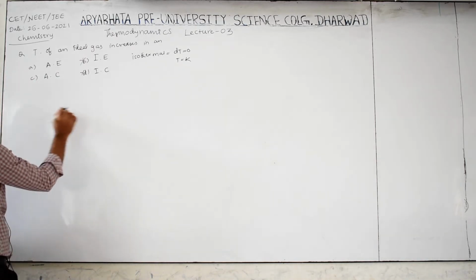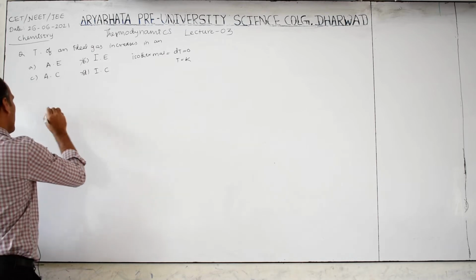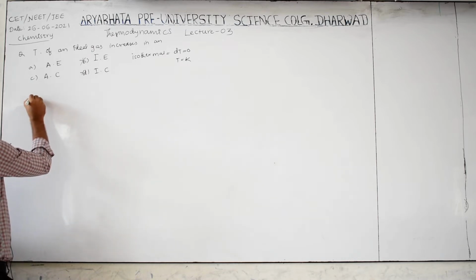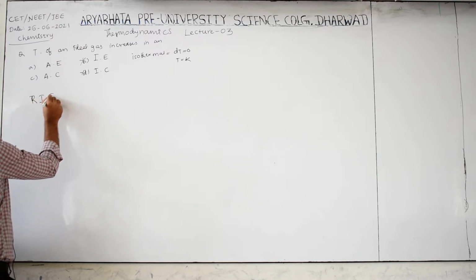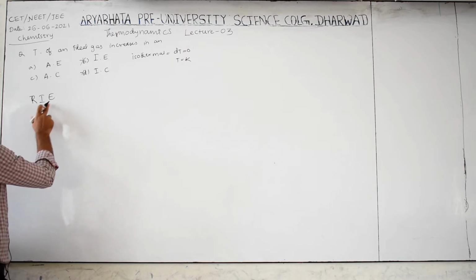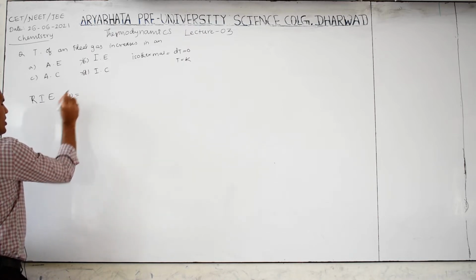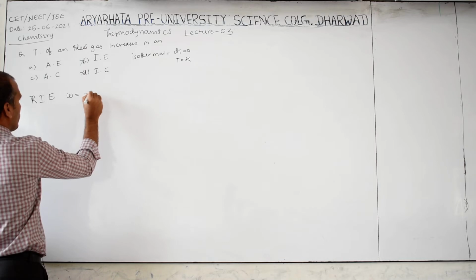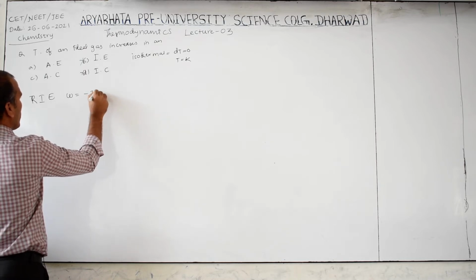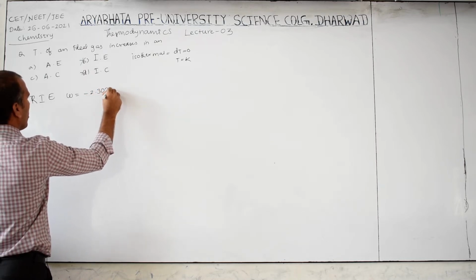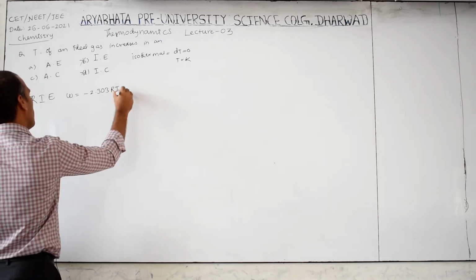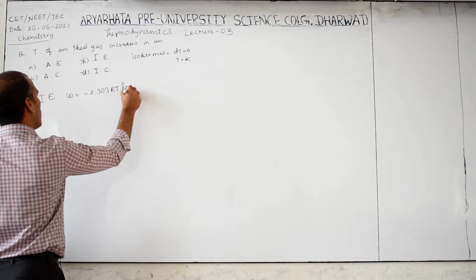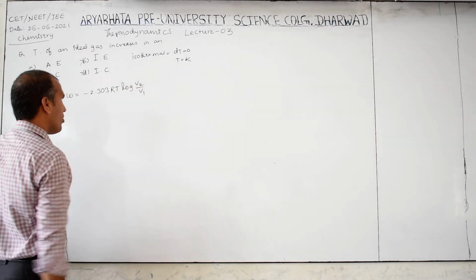Now you should know that for reversible isothermal expansion, W is equal to minus 2.303 nRT log V2 by V1.